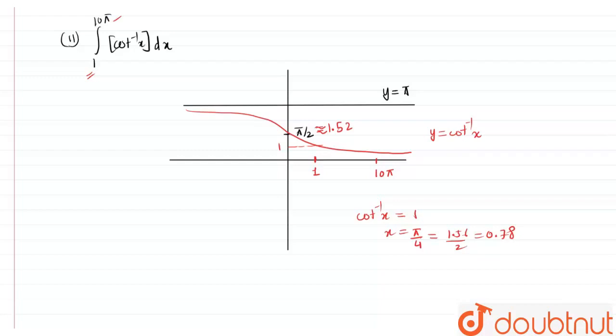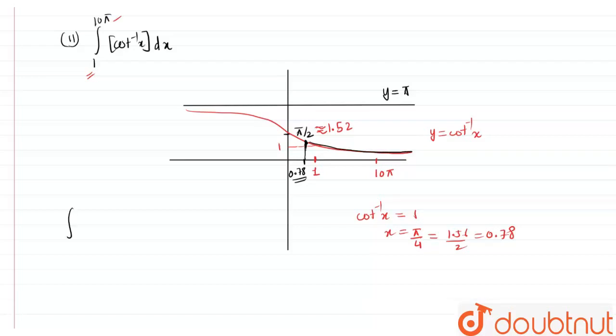So it is somewhere here on the number line. Now as you can see, this is the point where the graph's value is 1, and further moving, the graph's value is decreasing.